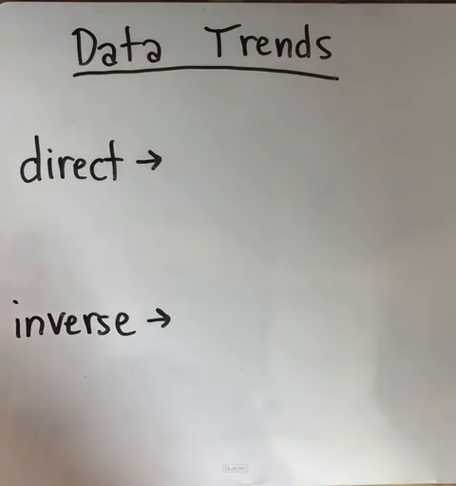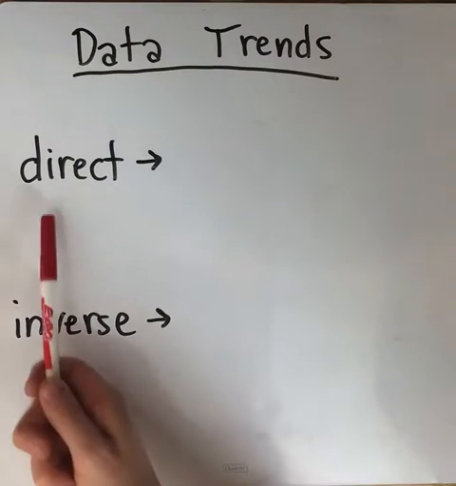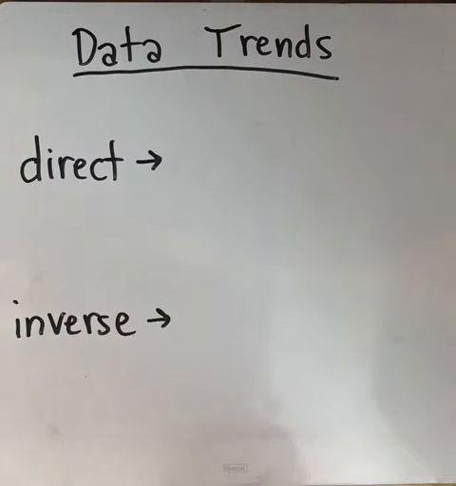There are two common trends that occur when we collect data, and I want you to be familiar with both of them. The first trend is something called directly proportional.